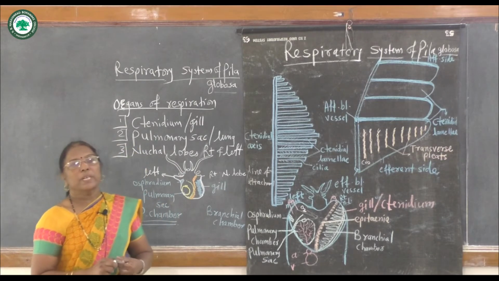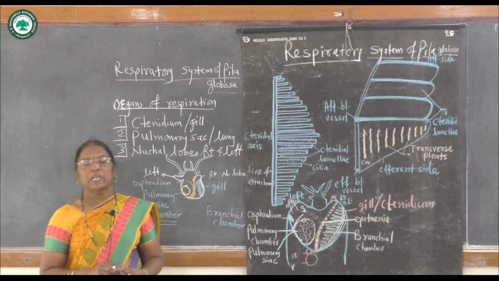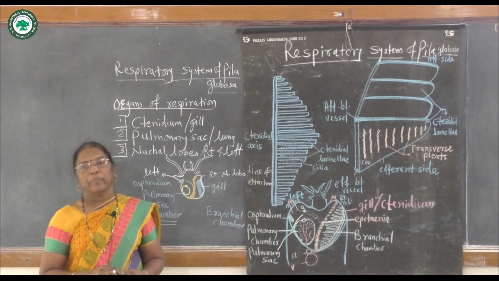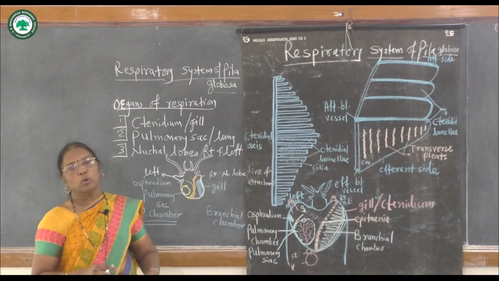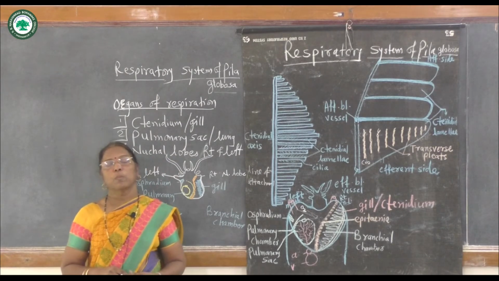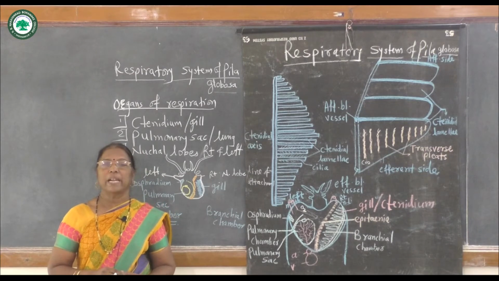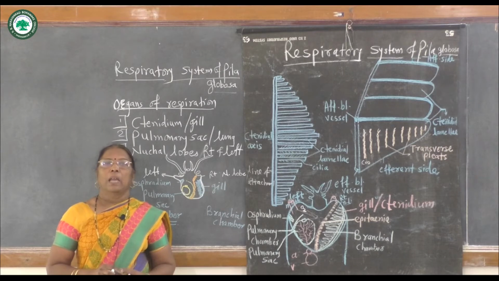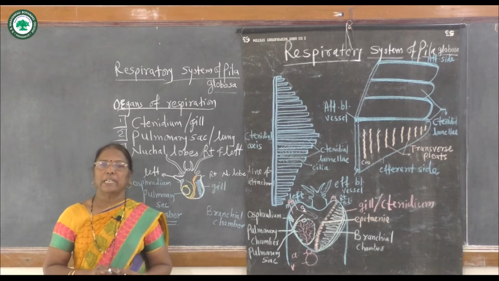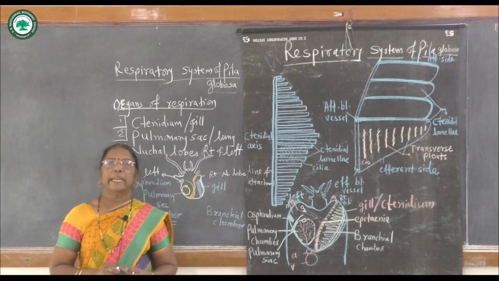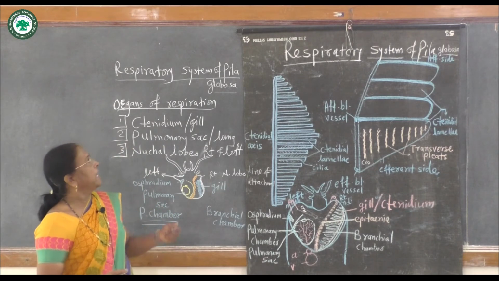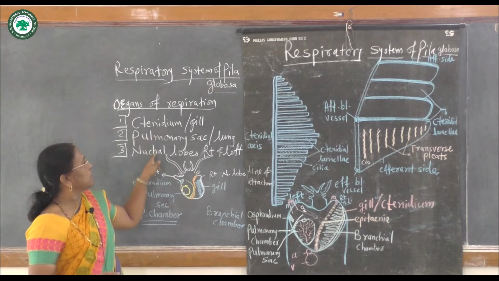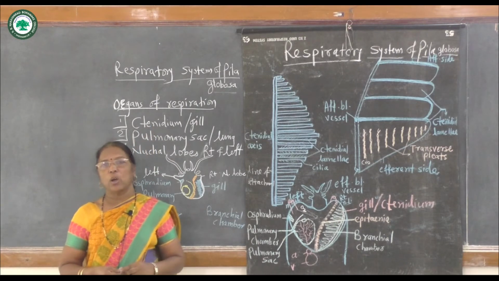Today, we are going to discuss the respiratory system of Pila globosa. Pila globosa shows an amphibious mode of respiration, that is dual respiration, meaning there is aquatic respiration and terrestrial or aerial respiration. Hence, the animal shows these respiratory organs.